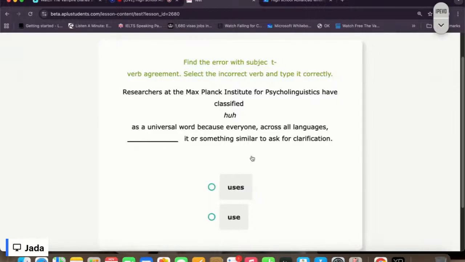Researchers at the Max Planck Institute for Psycholinguistics have classified huh as a universal word because everyone across all languages dash it or something similar to ask for clarification.